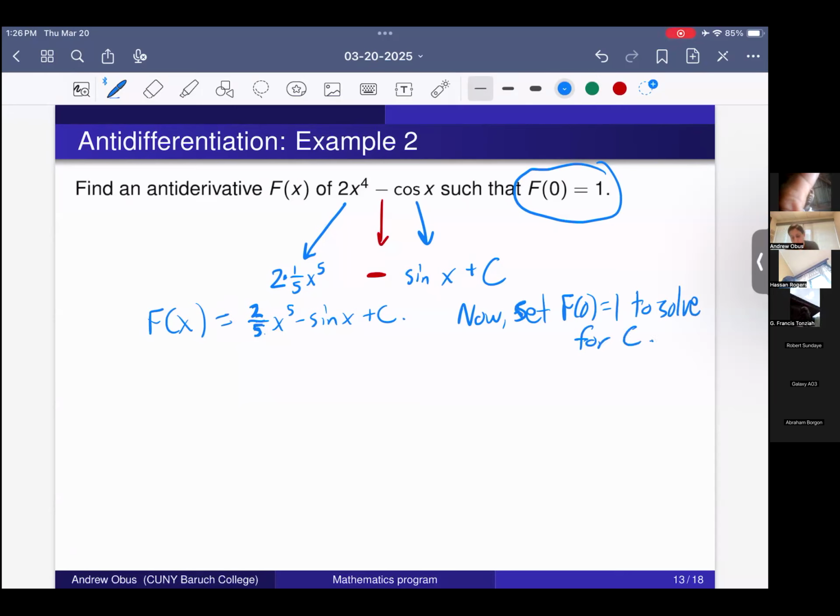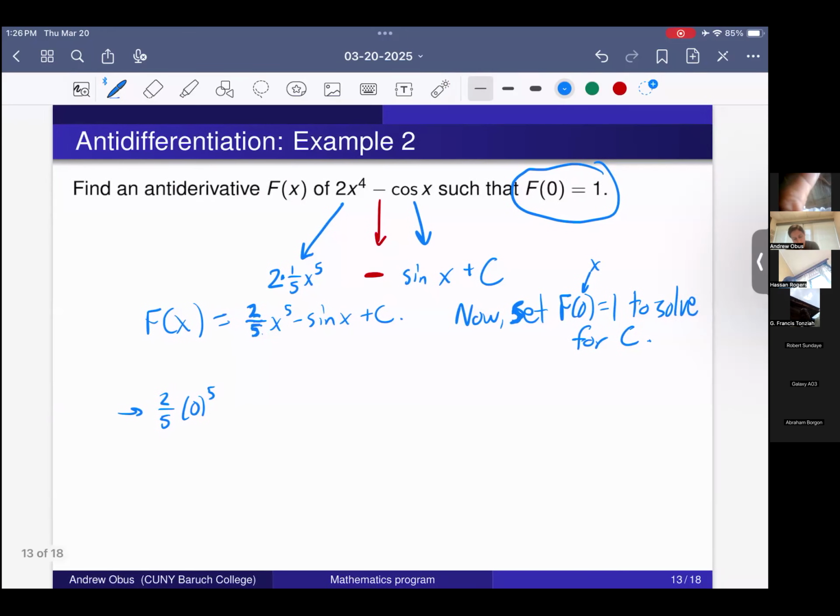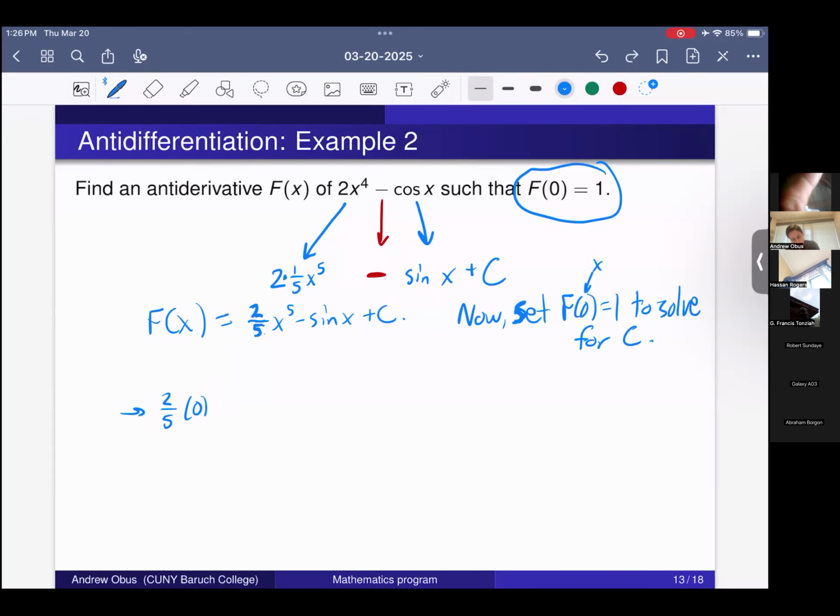Because it's not good enough to just write plus c. I need to know exactly which function I'm going to have so that when I plug in 0, I get 1. So let's solve this for c, right? When I say solving f of 0 equals 1, this is really plugging in x equals 0. So this equation becomes 2/5 times 0 to the fifth minus sine of 0 plus c equals 1, right?